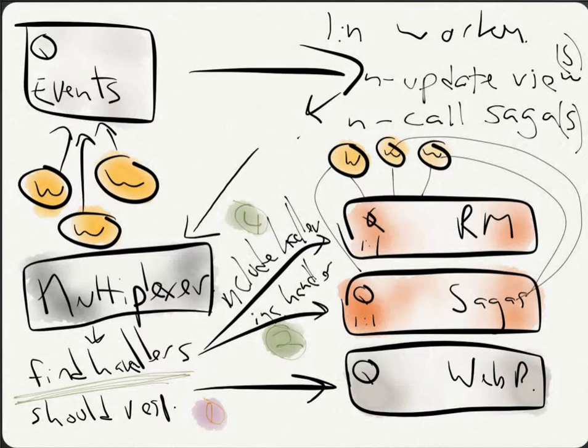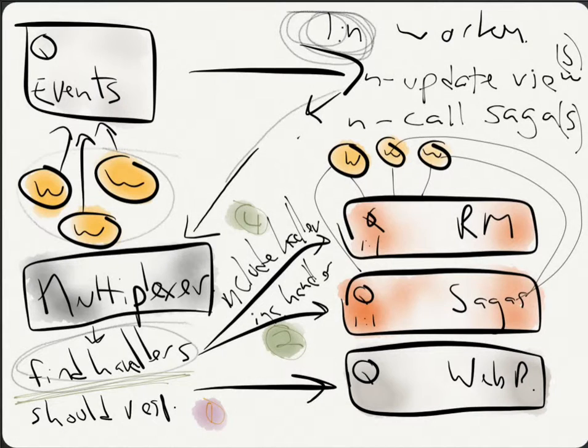Now that we have events, we have a bunch of workers who are ready to do something. The problem is we've got a one-to-n relationship between events and handlers. So the worker is going to become a multiplexer. It's going to find all the handlers available for that message on the event queue. It's going to split that up.